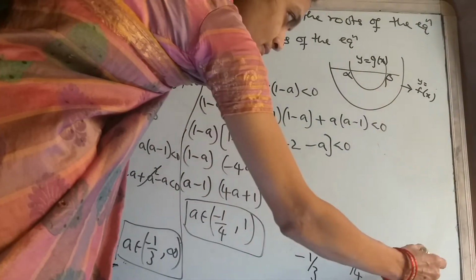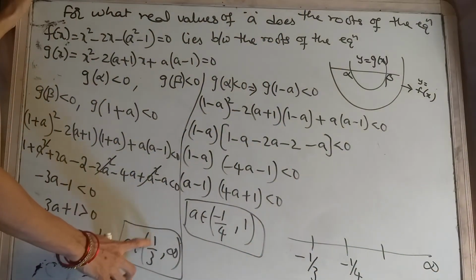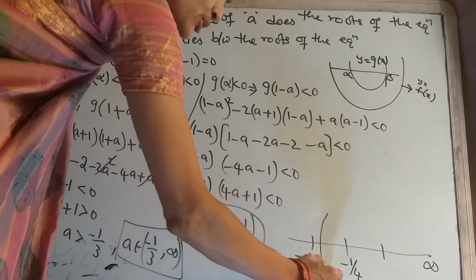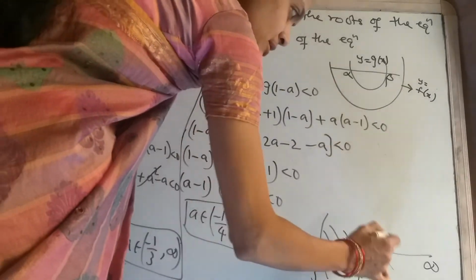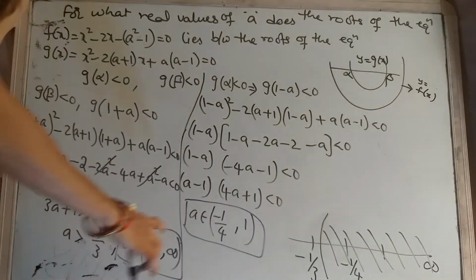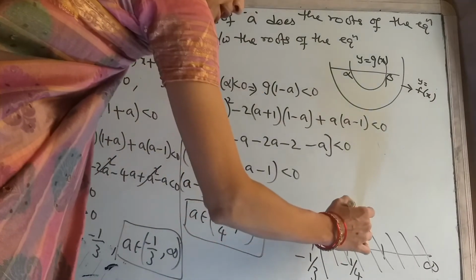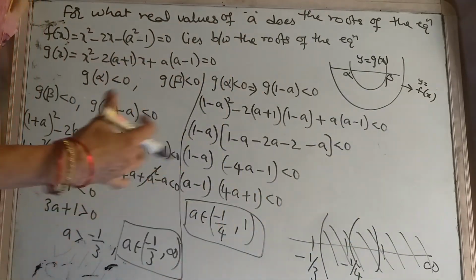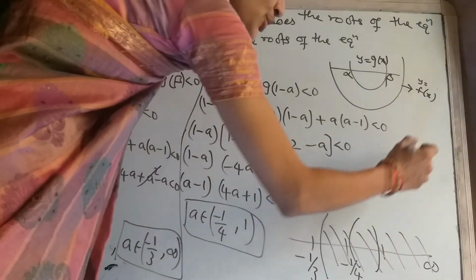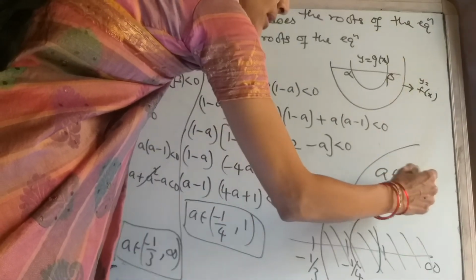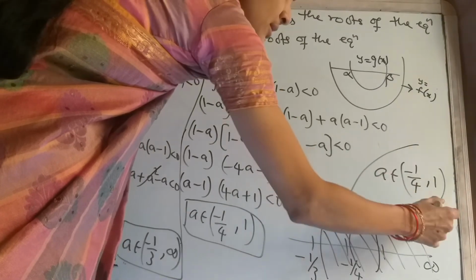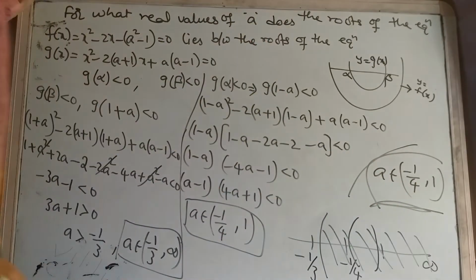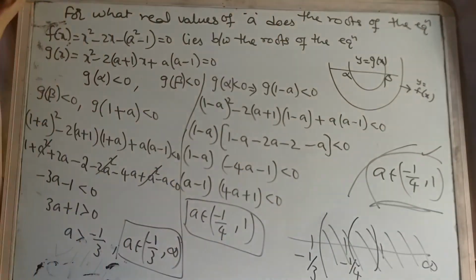After 1 and infinity. So then see, minus 1 by 3 to infinity means excluding minus 1 by 3, this side you are a. Then minus 1 by 4 comma 1 means lies between minus 1 by 4 and 1. So what is the intersection part of these two? So this, no. So means a belongs to (minus 1 by 4, 1). This is the answer. This is your answer.